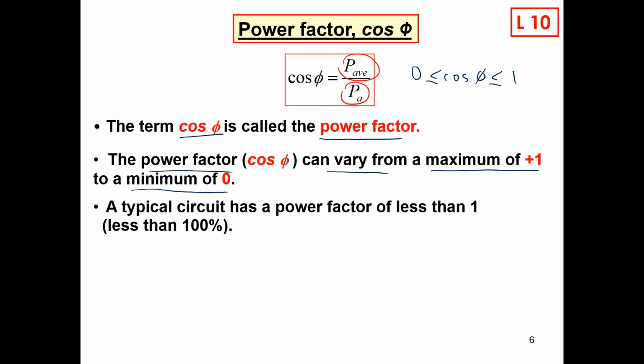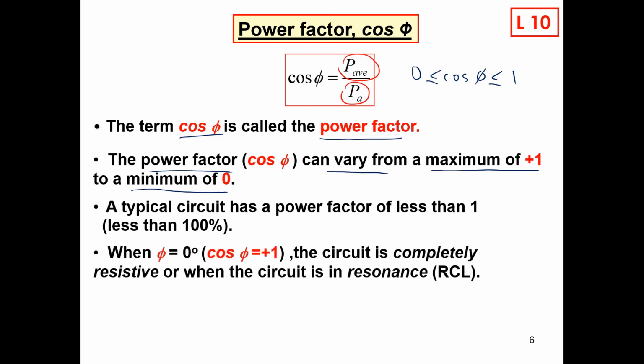Next, a typical circuit has a power factor of less than 1, because there is power that is dissipated in the circuit.